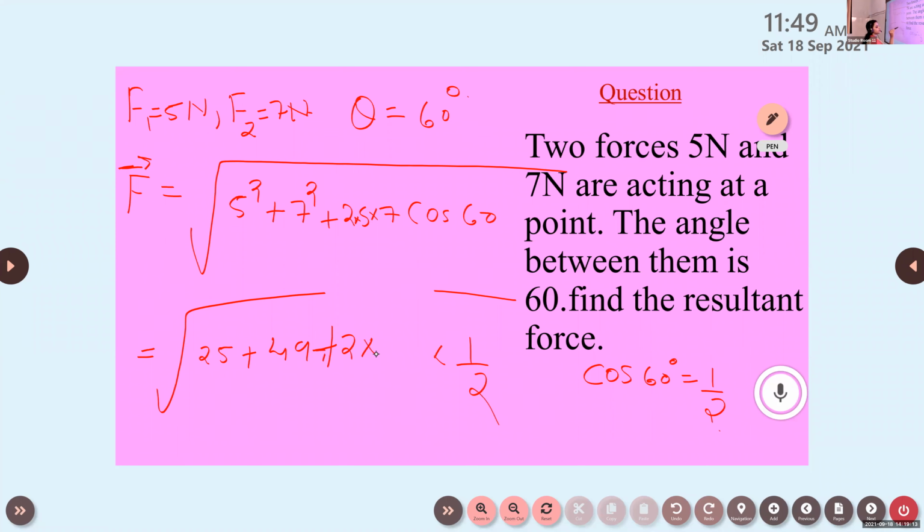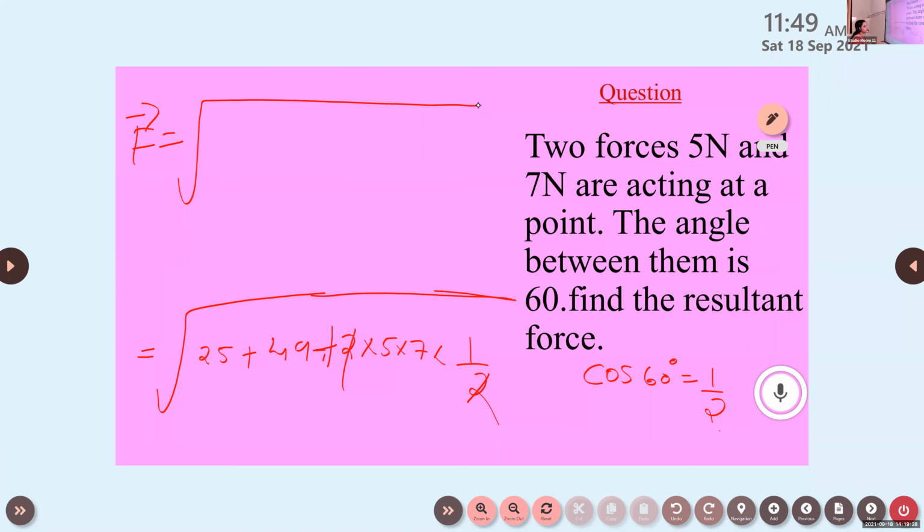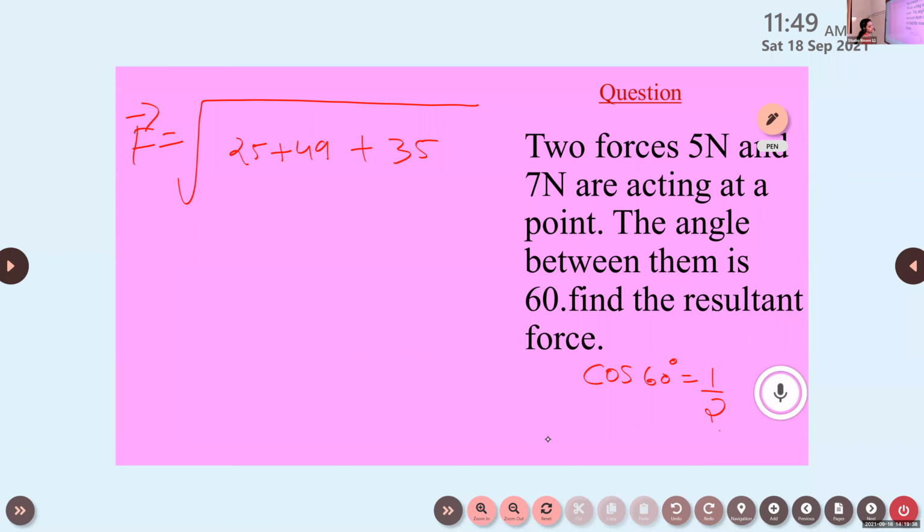Here 7 into 5 is 35, into 2 is 70, or we can cancel the 2 and 2. The resultant force F is equal to root of 25 plus 49 plus 35, which is root of 74 plus 35.